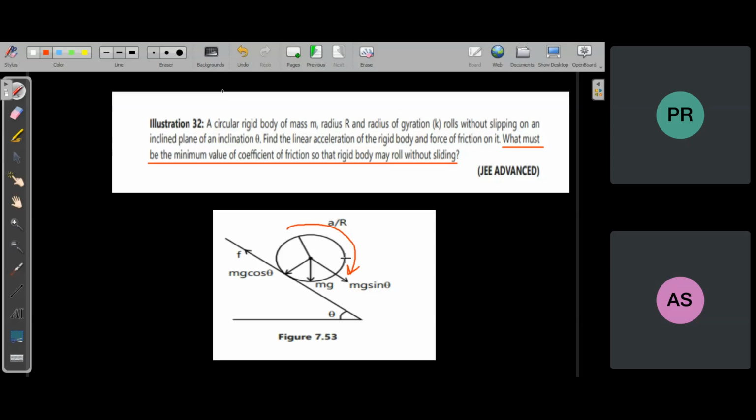For rolling, the acceleration of the center is R alpha. Sir, the equation will be mg sin theta minus f equals ma, and f R equals I alpha. By substituting friction in this equation and I equals m k square, we can get the value of friction and the linear acceleration of the body.